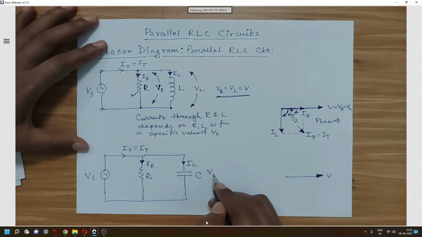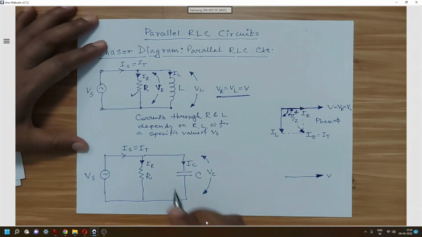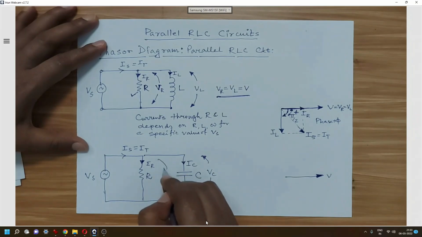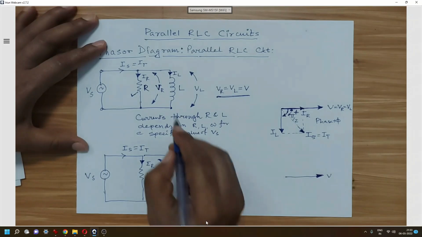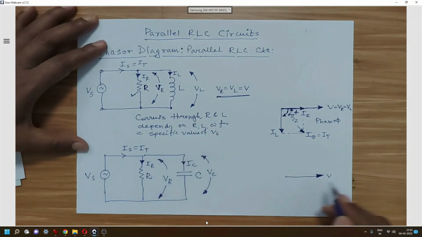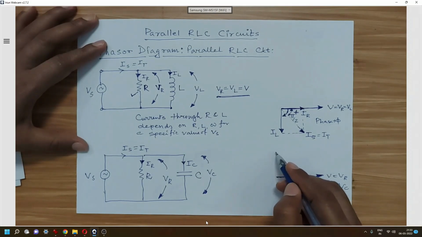So this will be V. Now the voltage across C is considered to be Vc as shown in this figure, and the voltage across the resistor will also be denoted by VR, as we have already done in the previous case. So V is VR equal to Vc, and for the resistive circuit, as current and voltage always remain in the same phase, we will draw IR in the same direction as VR.